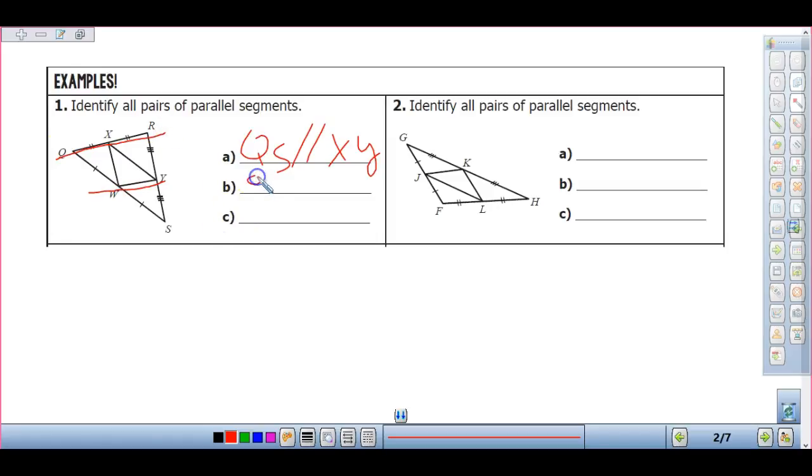So we can say QR is parallel to WY. Okay, so we did those two, and the only ones that we have left now, if I switch colors, I've got this side of my triangle and this mid-segment right here, so I have RS being parallel to XW.